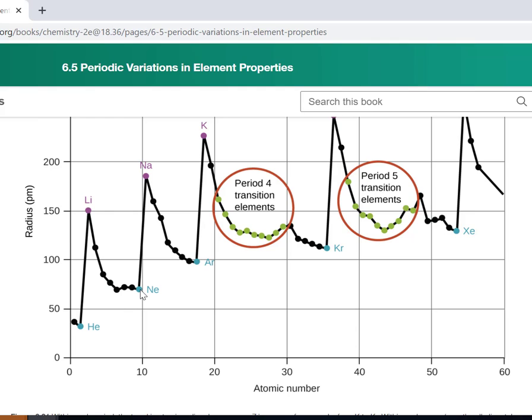Whereas if you are a halogen, or let's actually go to noble gas, if you're a noble gas, you are feeling a charge of +8 because the other valence electrons are not shielding the full nuclear charge. They're only shielding the previous core electrons. So for neon in particular, the core electrons would be shielding a +2 charge, but they wouldn't be shielding the other +6 because these are all valence electrons.